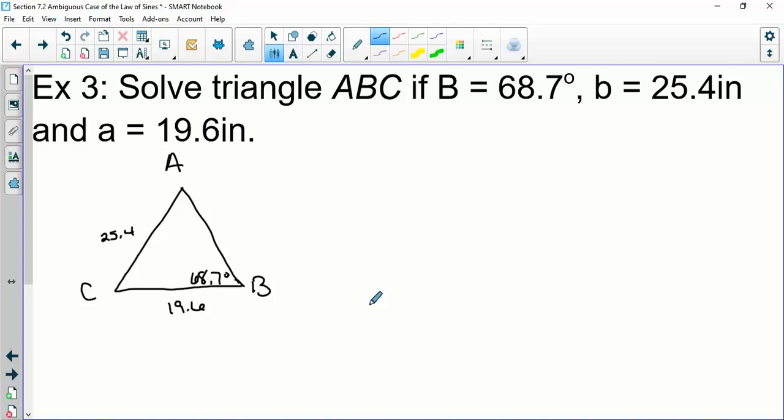So the triangle is totally optional. Draw it if it helps you. If it doesn't, you can skip that step. What do I do now?